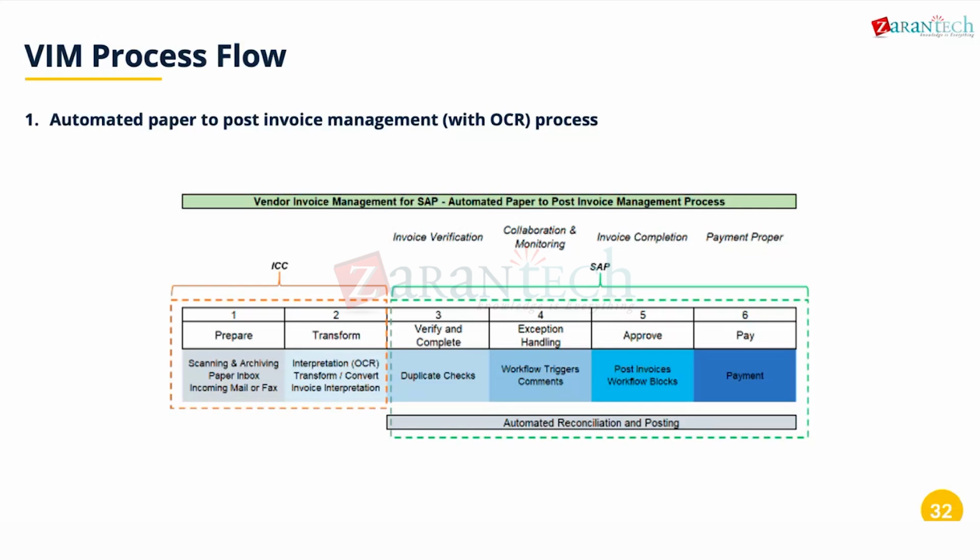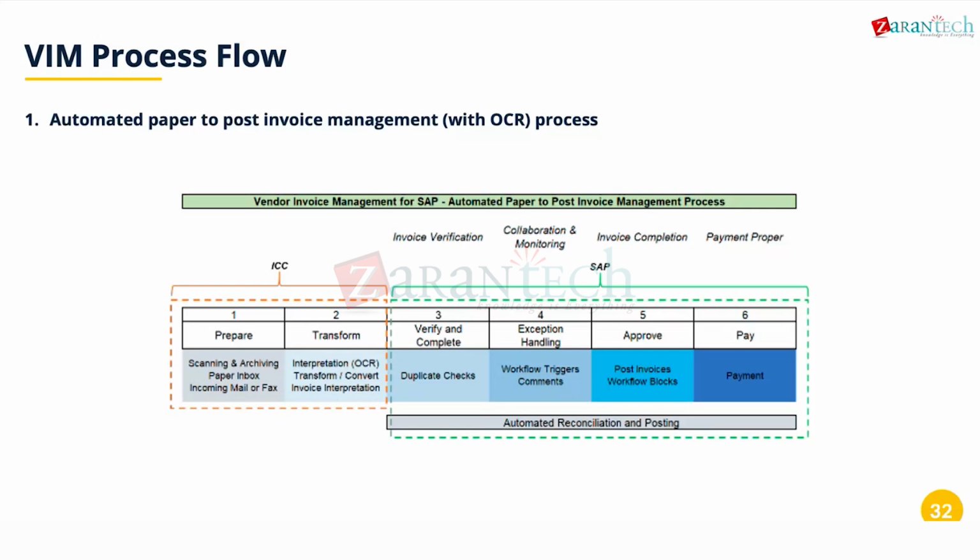Prepare, we talked about, is more scanning and archiving, incoming, how you ingest the document into the system. And 2 is transformation, which is where the IES comes into the picture, OCR extraction, and the validation client, and how the data is converted, verified, and sent to the VIM solution.